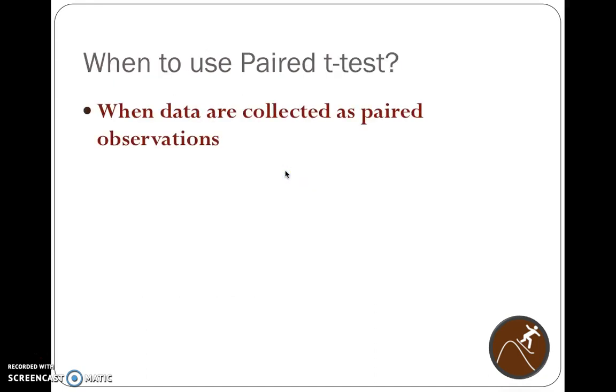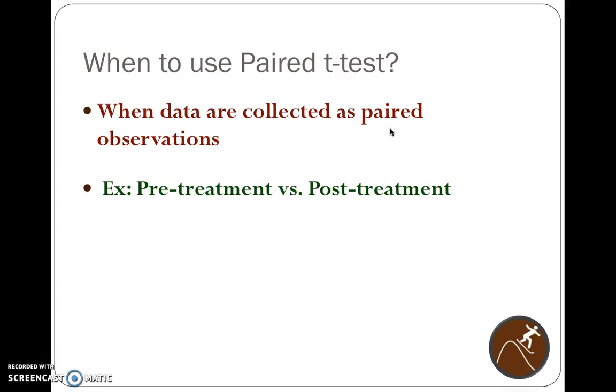So when should we use a paired t-test? Well, the paired t-test should be used when data are collected as paired observations. So we collect the information at the same point in time or on the same day. Or maybe we collect the observations on the same individual before treatment and then after treatment. The data are paired around something.